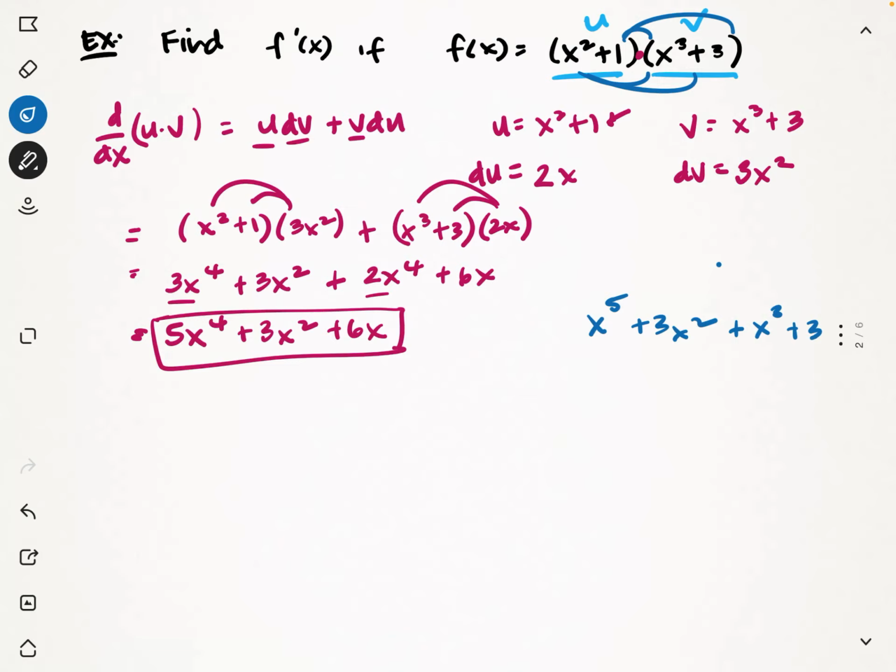We could do the derivative of this at this point, because we just have a polynomial. We'd have 5x to the 4th. Let's do this x cubed next, so it'd be 3x squared. And then the derivative of this would be 6x. The constant becomes 0, so notice that both ways we get the same answer.